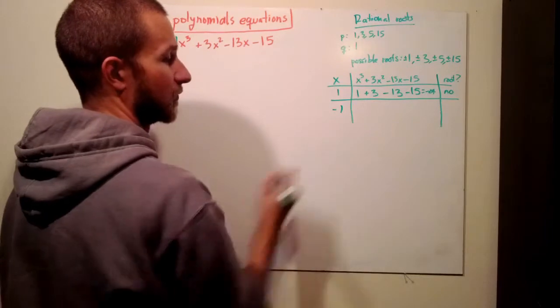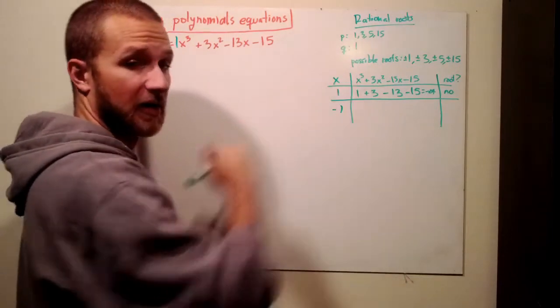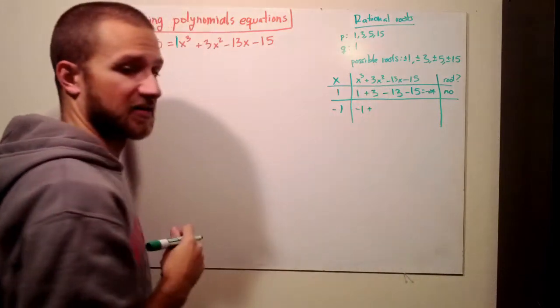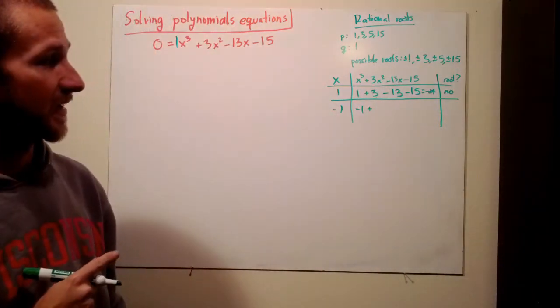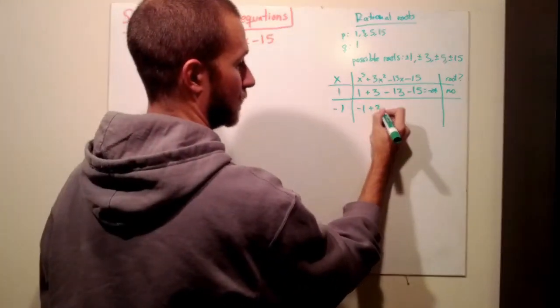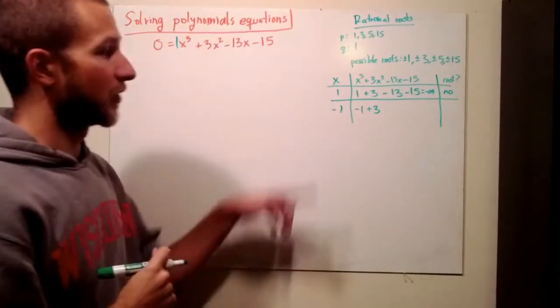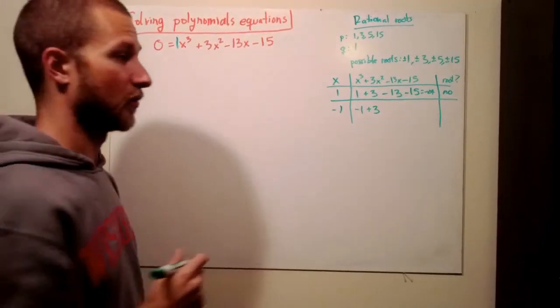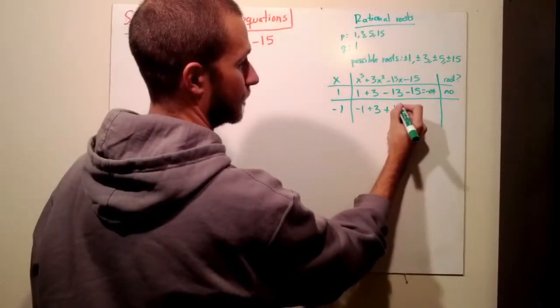I'll try negative 1. Let's keep working my way up. Negative 1 cubed is negative 1. x squared, if x is negative 1, negative 1 squared is positive 1. 1 times 3 is 3. Plug in negative 1 for x, I get negative 13 times negative 1, which is a positive 13.